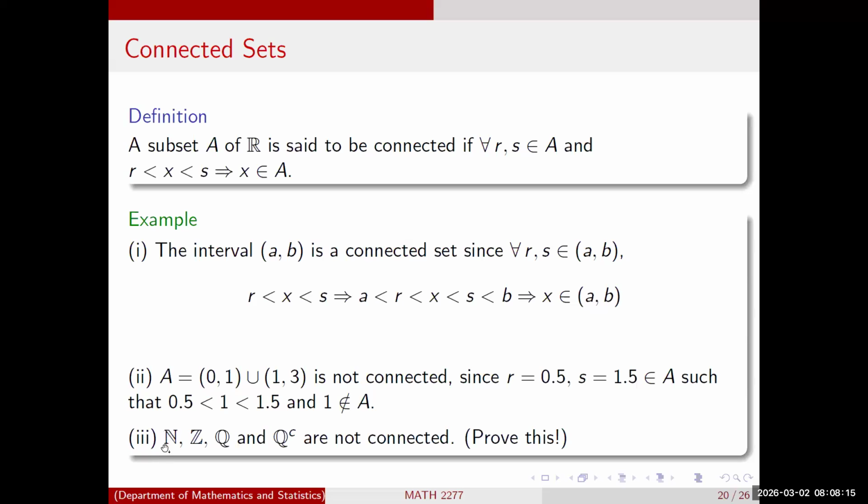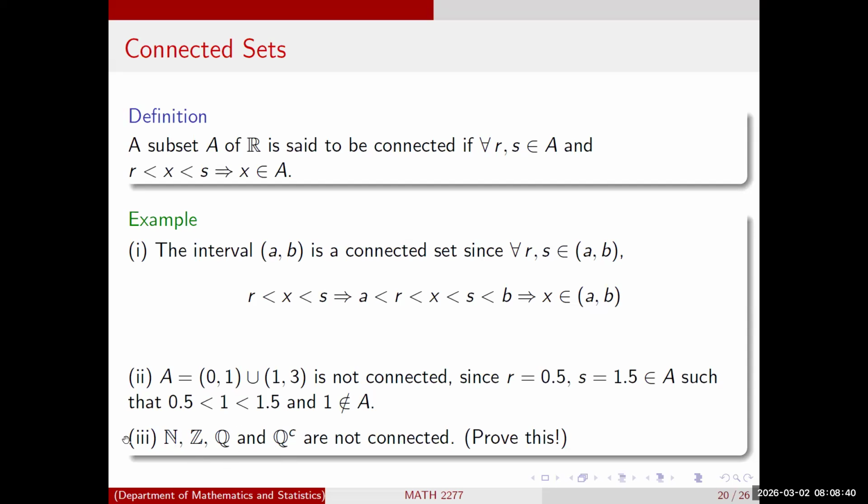In this third example, the natural numbers, the integers, the rationals, and the irrationals are all disconnected, or not connected, sets. Again, to show that any of these sets are not connected, you just need to find two points in that set and a third point between those two that is not in that set.